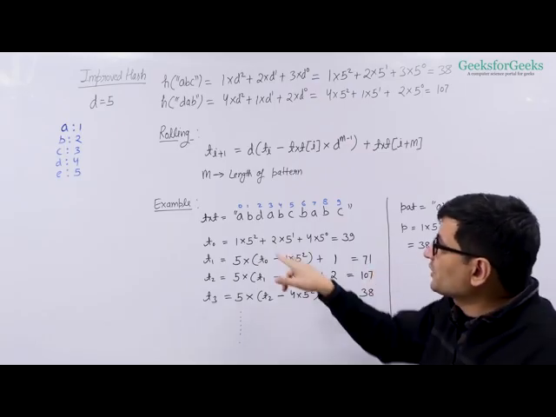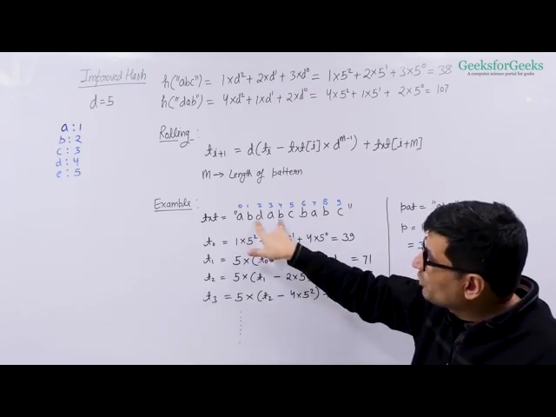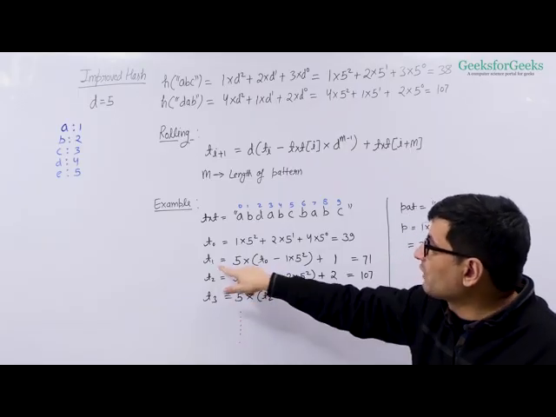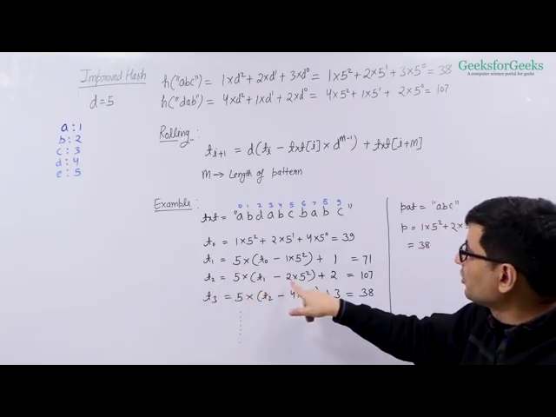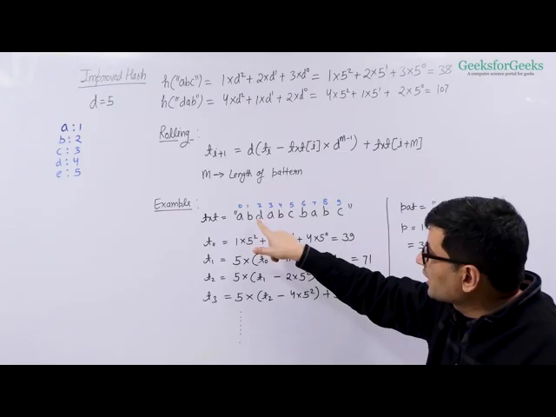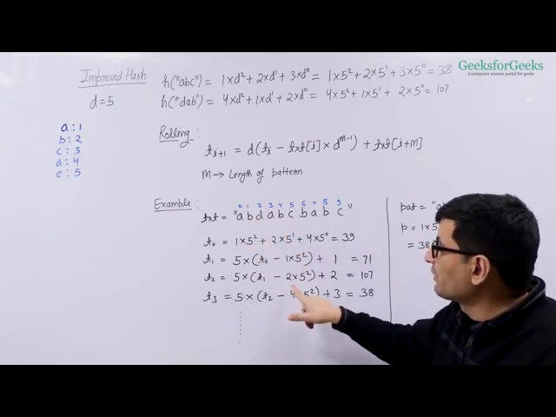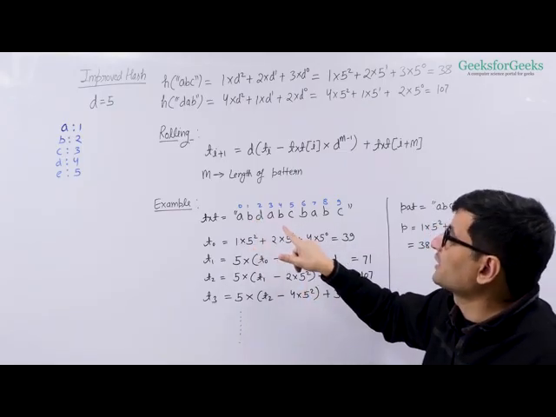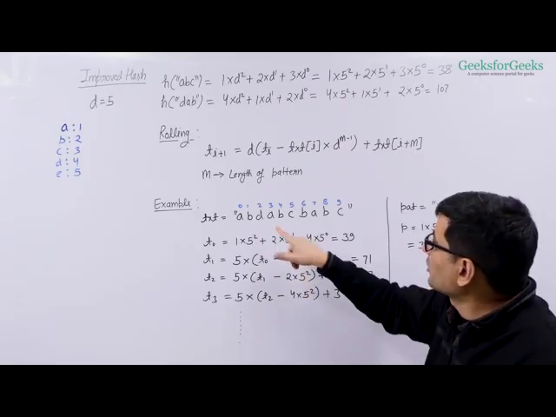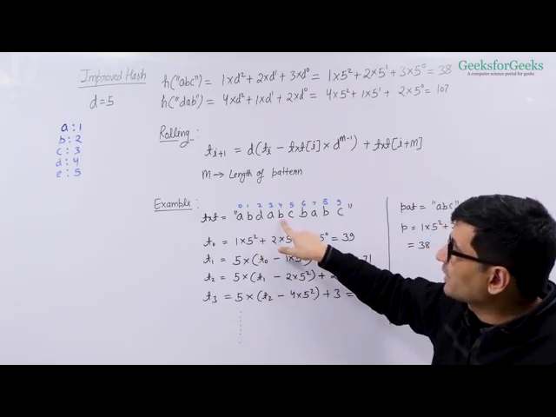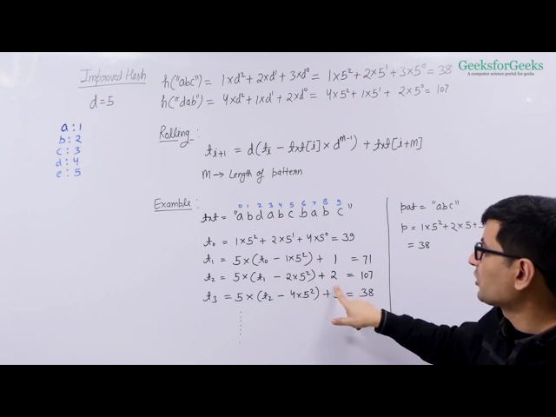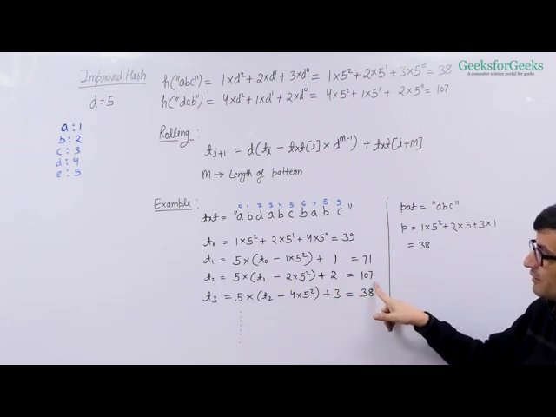To compute the hash of the window starting with t2, we use the value of t1. We subtract the first character of the previous window, 2 into 5 square, and add the last character of the current window. The current window's last character is b, so we add 2 for b, and we get this hash.